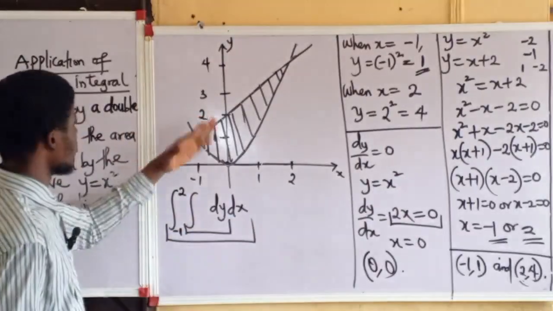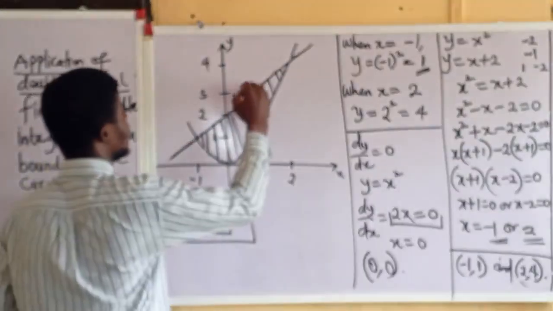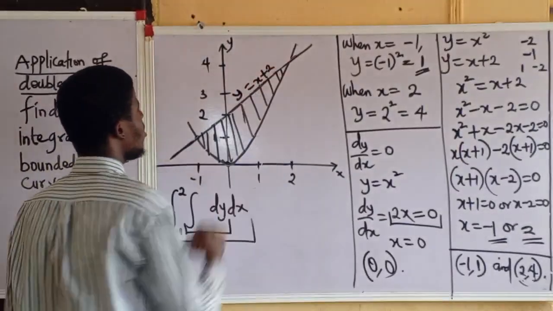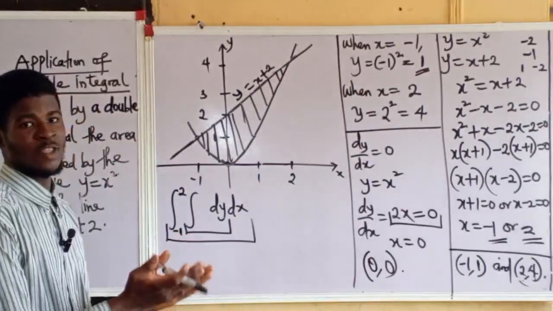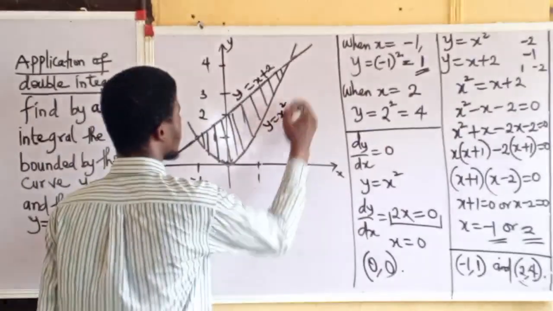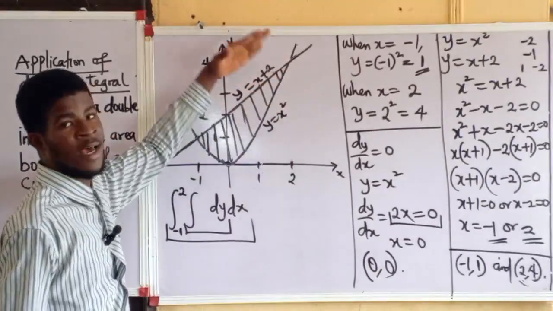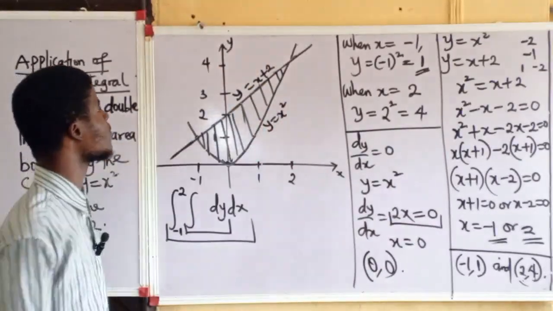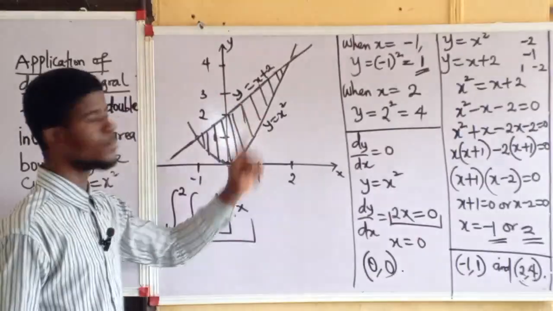See, in this graph, you can see that the line, which is y equal to x plus 2, is above the curve. That means the curve is below the line. The curve is y equal to x squared. Okay, so we have y equal to x plus 2, which is for the line, and y equal to x squared. Of course, y is the subject of the formula in both of them.